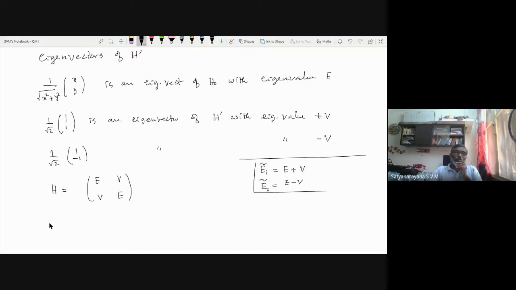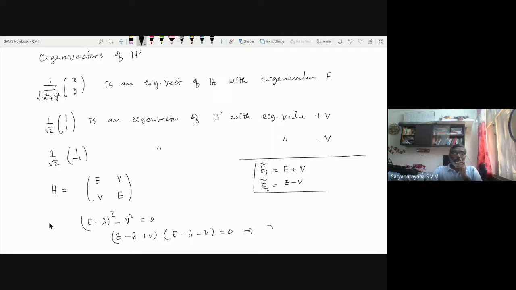But we could have also written this matrix directly and found the eigenvalues, correct? So the eigenvalues satisfy E minus lambda the whole square minus V square equal to 0. So that will be E minus lambda plus V into E minus lambda minus V equal to 0.